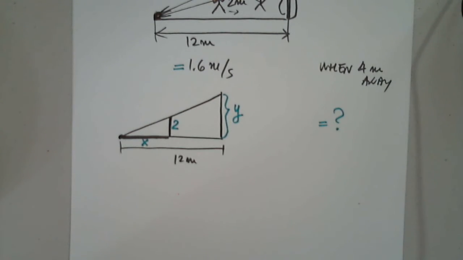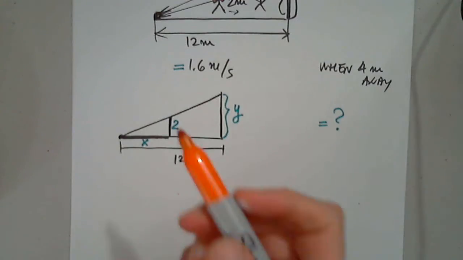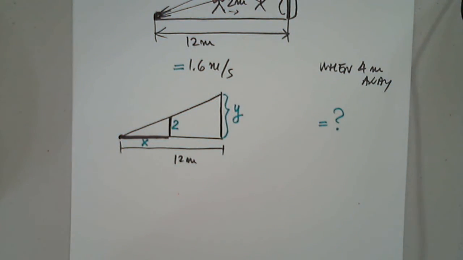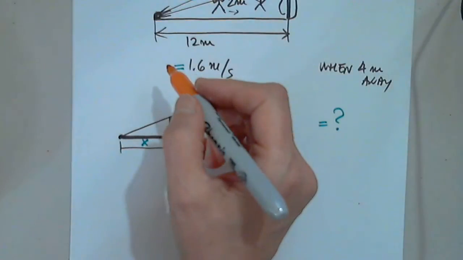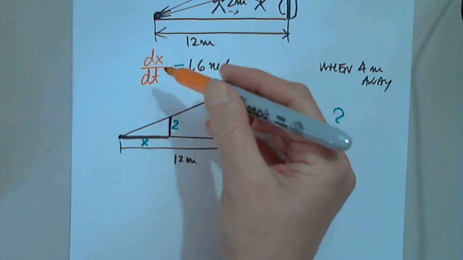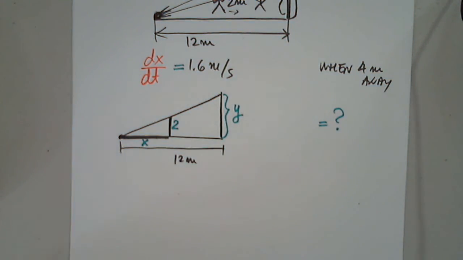Make sure we get a what type of sign? Negative. Good. So then what is 1.6 meters per second? So velocity. And what do I write based on what we have here? That's how quickly X is changing. Dx over dt is 1.6 meters per second.